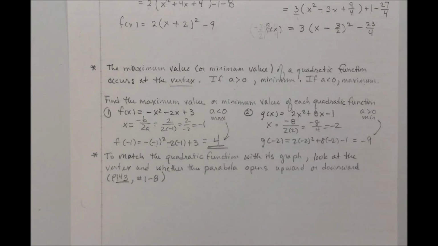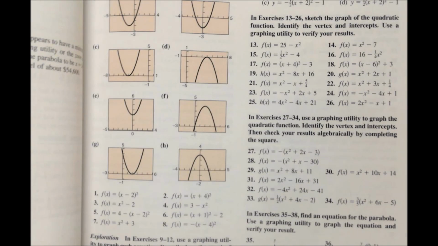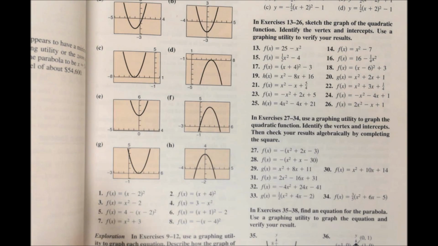So, for quadratics, I have problems on page 143 where you're matching equations with the graphs. So what you would have to do here is to identify, first off, does my parabola open upward or downward?